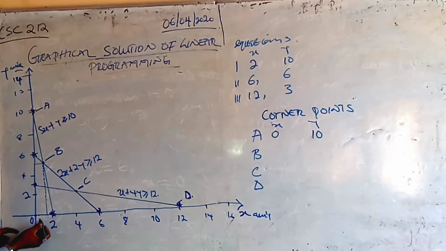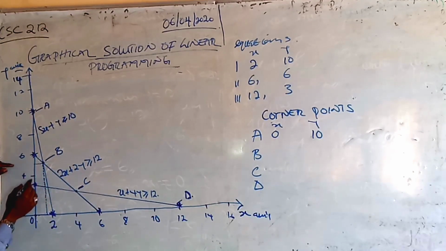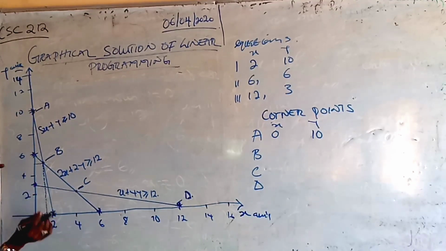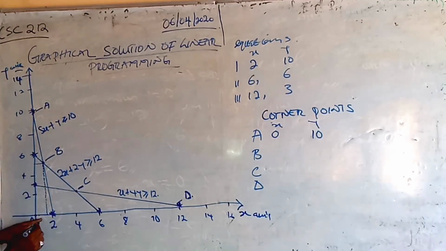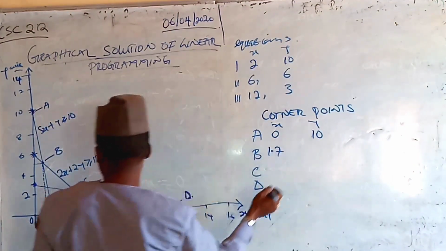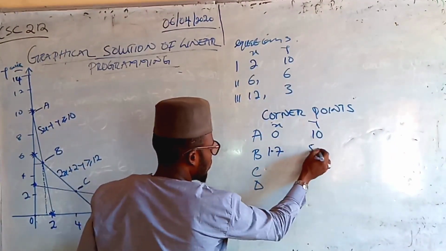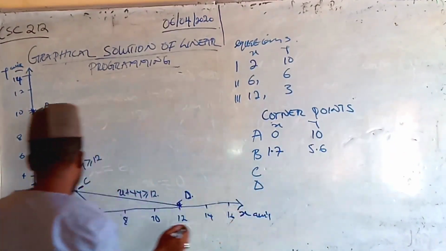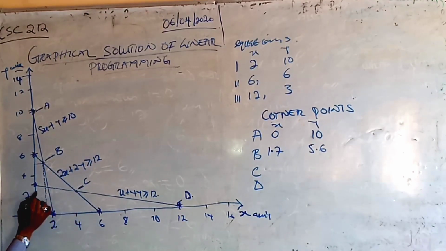Let's say we take it as 1.7, and the value of y is 5.6. So the value of x is 1.7, and the value of y is 5.6.